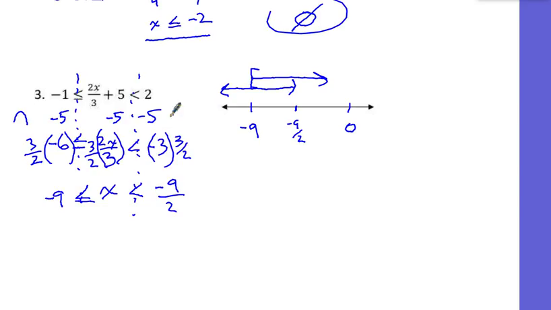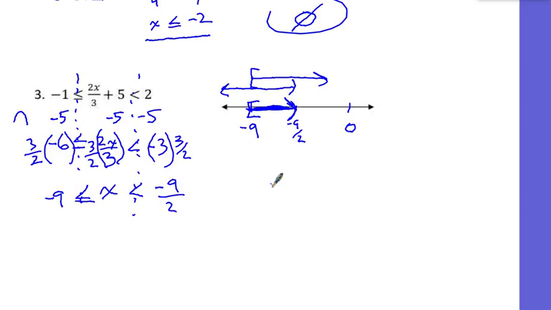Where are the values that are greater than negative 9 and also less than negative 9 halves? That's going to be here with a bracket on negative 9, a parenthesis on negative 9 halves. We shade in between the overlapping portion of the smaller graphs we did in isolation above.